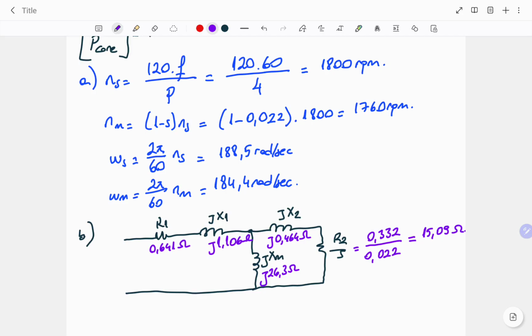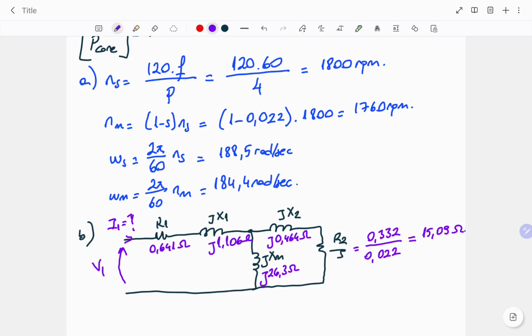Now we know the equivalent circuit parameters, and we can find the value of V1, which is the input voltage of this per phase equivalent circuit. So we can calculate what the I1 value is, the magnitude, and the angle we can determine. To be able to find I1, we should find the total impedance.